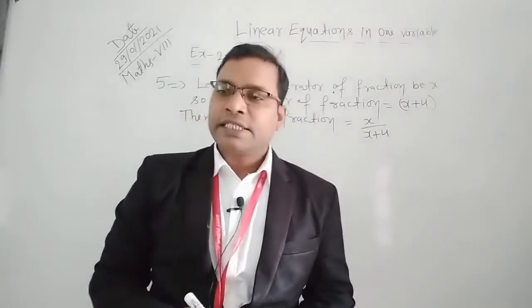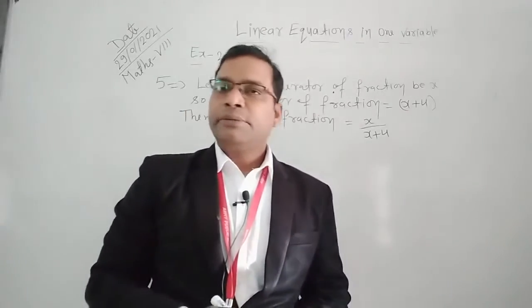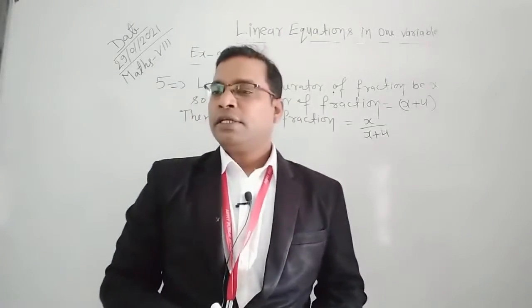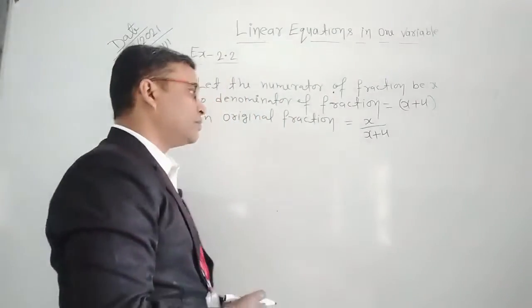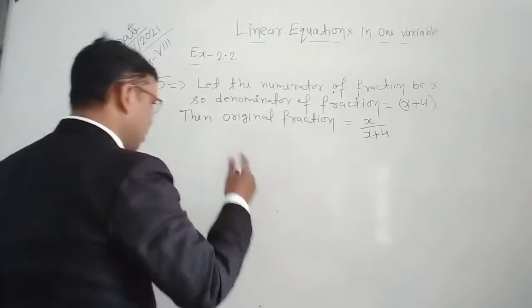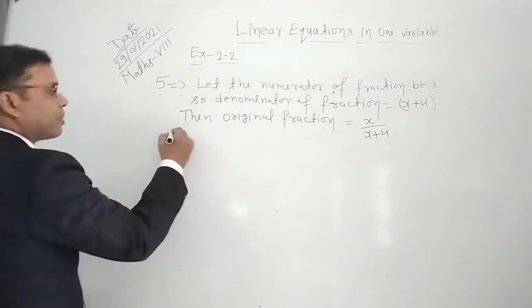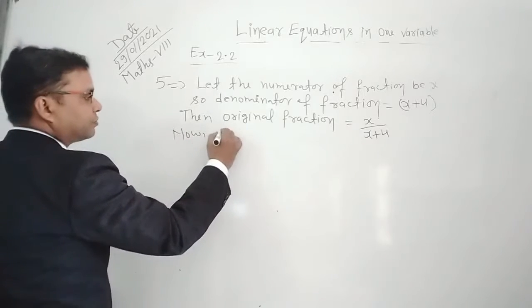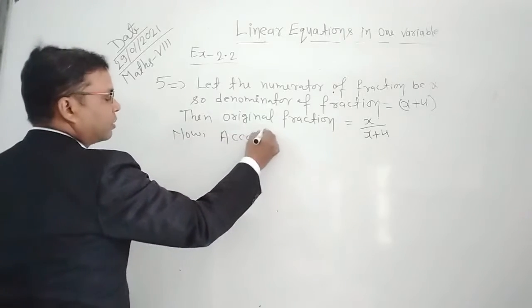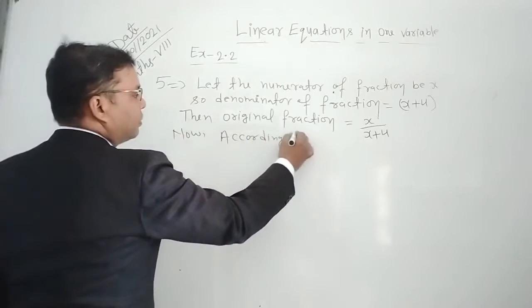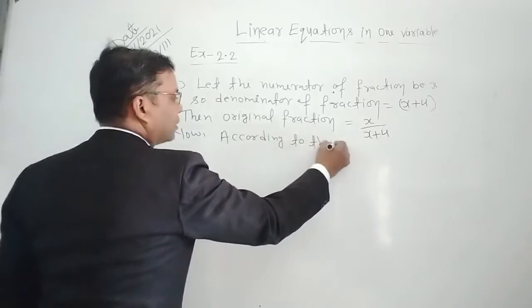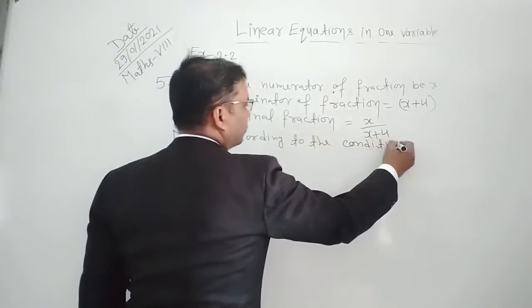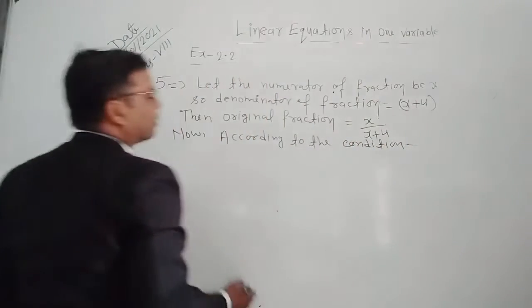And the next condition is given that if the numerator and denominator are both increased by 3, then the new fraction becomes 4 by 5. So here, according to the condition, what is the condition?